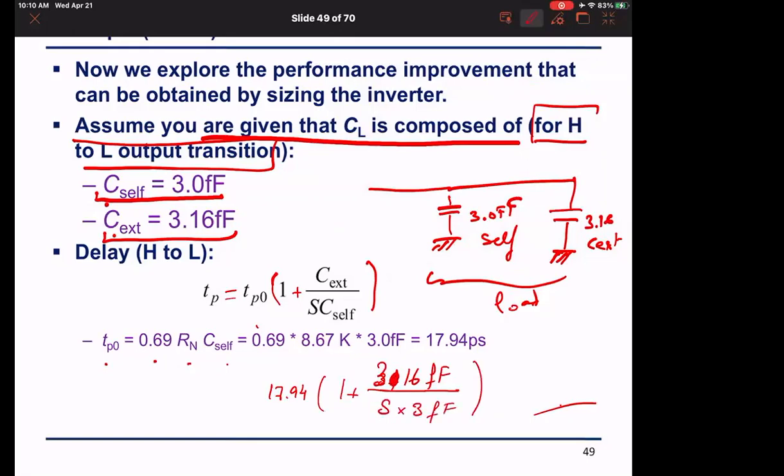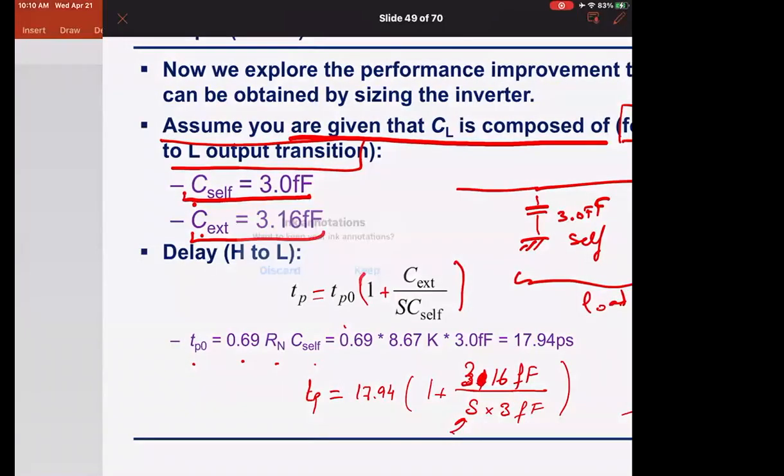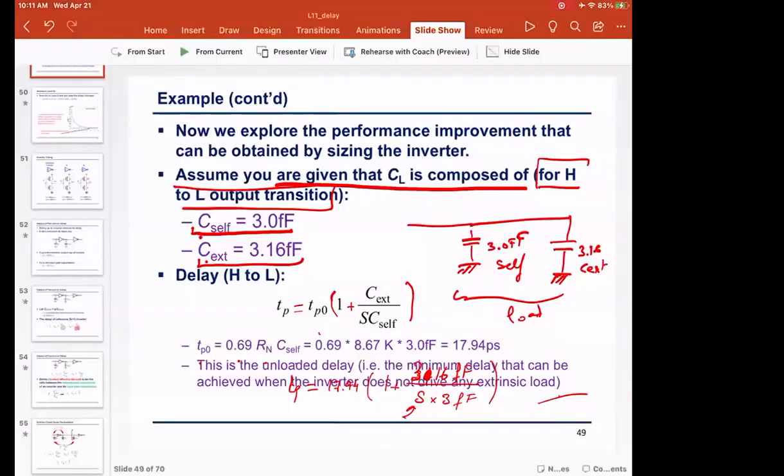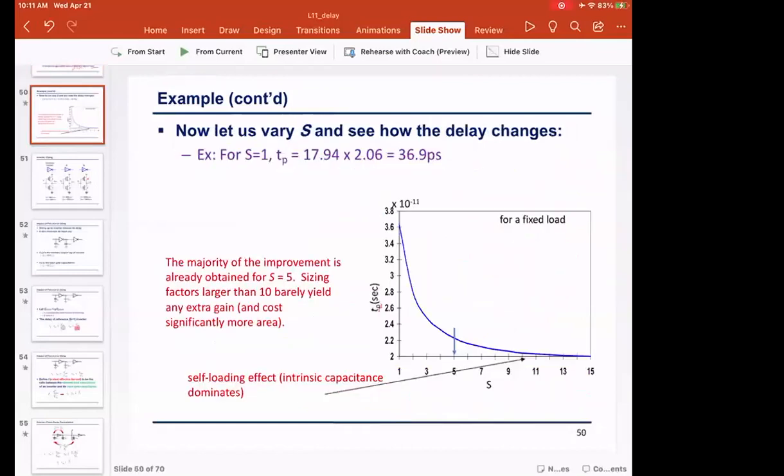Now I can plot the delay as a function of the variable S and see how that is going to affect my performance. Let us look at this plot here.